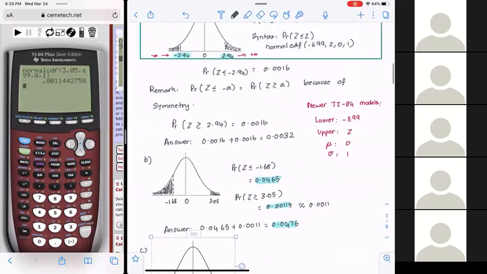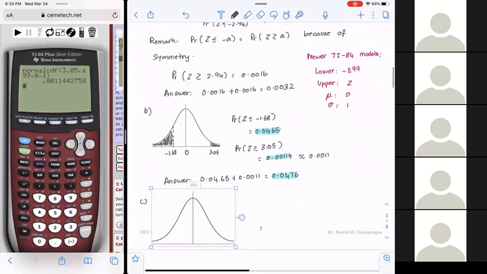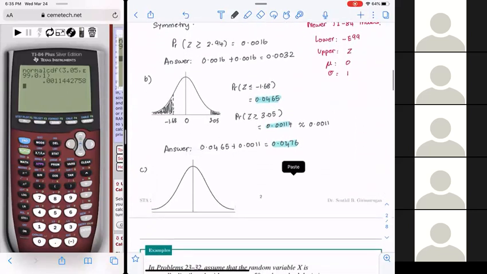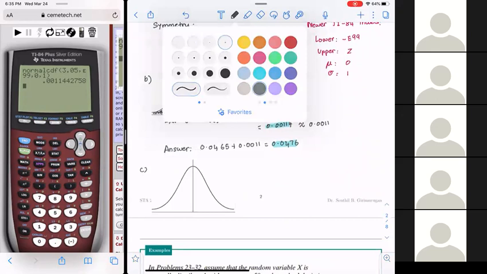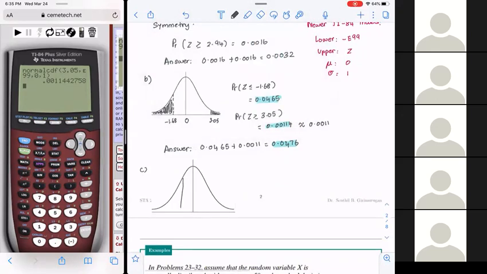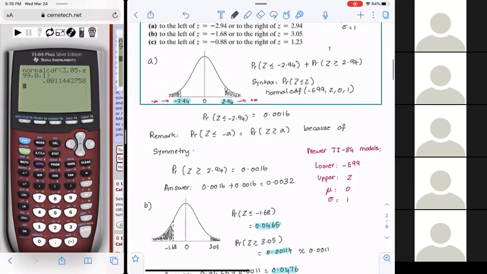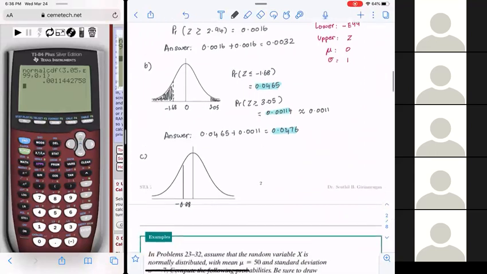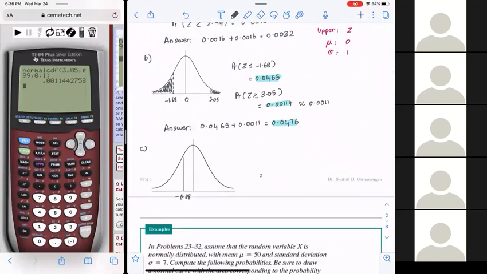So part C would like to know the area below negative 0.88, or the area above or to the right of 1.23.